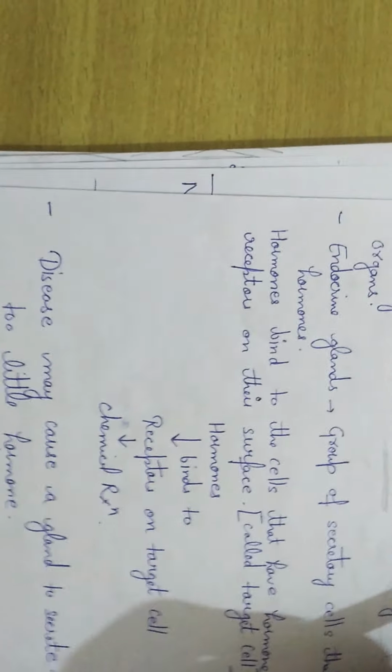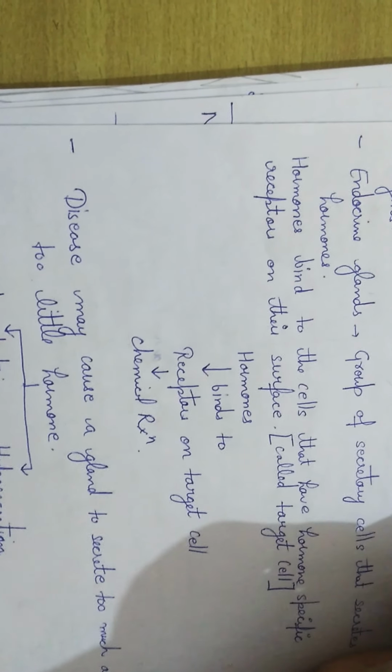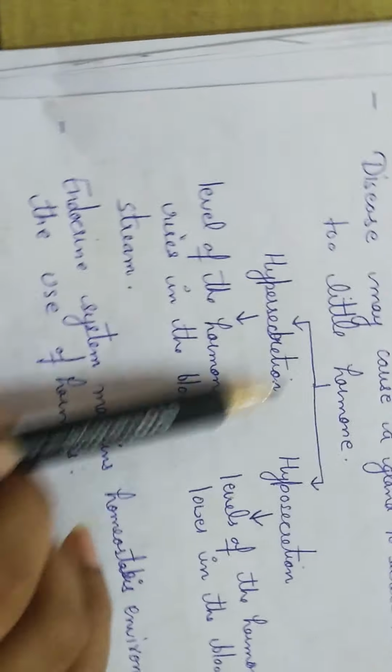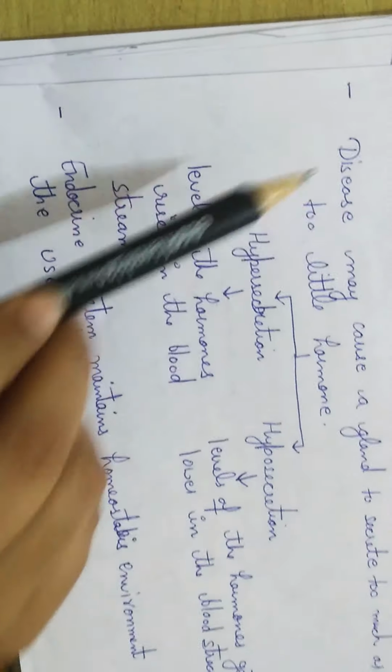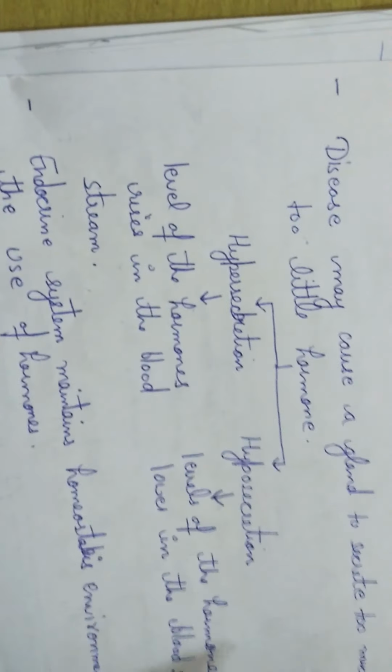Now, as we are studying the endocrine system, there should be a normal secretion of the hormone. There should not be a hypersecretion or hyposecretion. If there is a hypersecretion, that means the level of hormone is raised in the bloodstream. That means there are chances of some kind of disease.